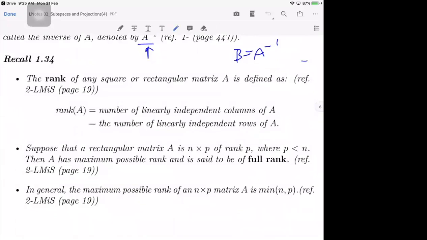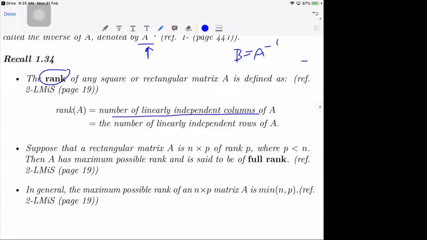Recall, you have the definition of a rank. That is the number of linearly independent columns of A or the number of linearly independent rows of A. And then the maximum possible rank is said to be a matrix of full rank.